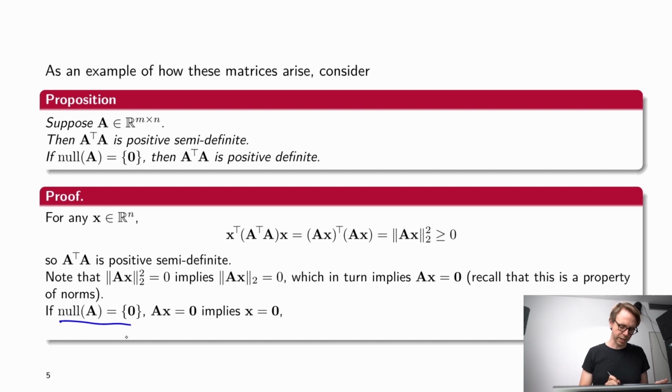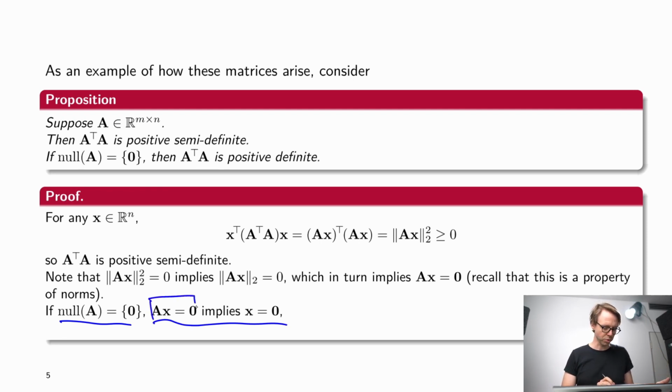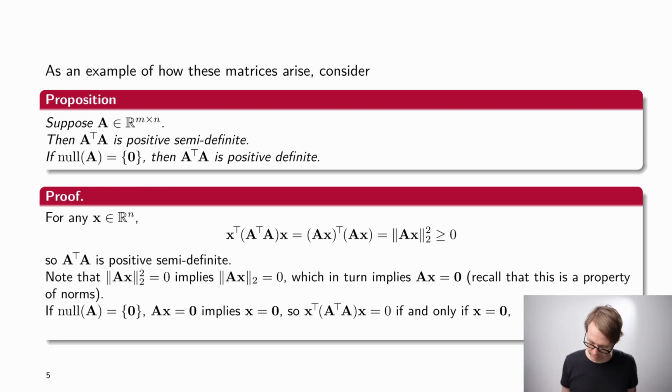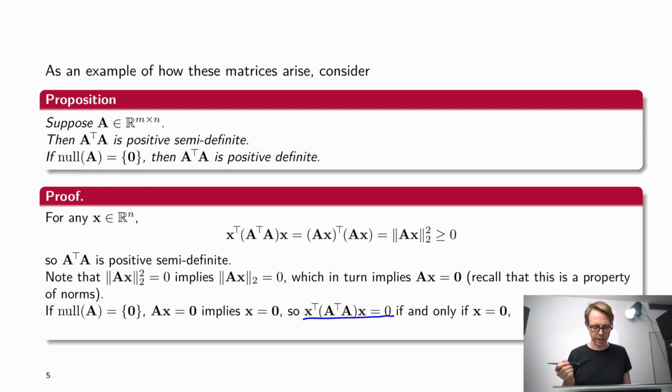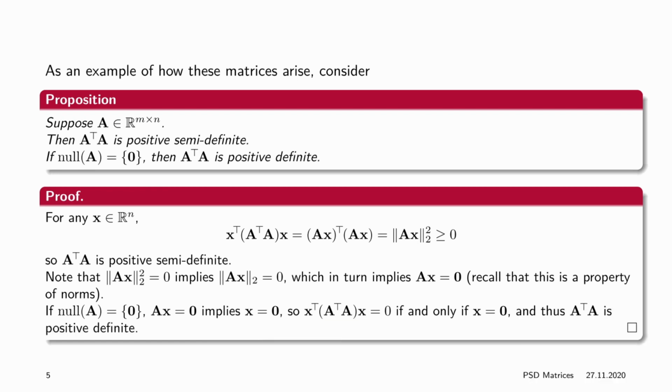So if the null space contains only the 0 vector, then Ax equals 0 implies that x equals 0, because this is the only solution to this equation. Thus, the squared form equals 0 if and only if x equals 0, which means that A transpose A is positive definite.